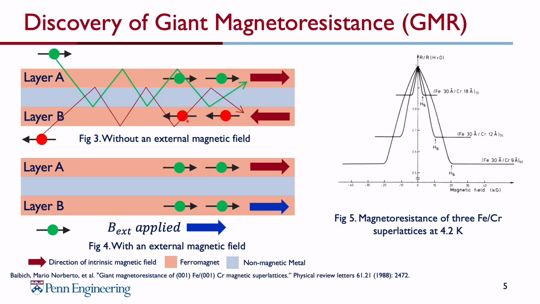However, when we apply an external magnetic field and align the magnetic moments of the layers in the same direction, electrons can pass through layer B with much less scattering than in the previous case. The spin-dependent scattering decreases and the material resistance stabilizes at a minimum level, as you can see in figure 5.